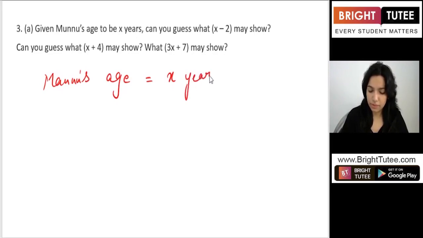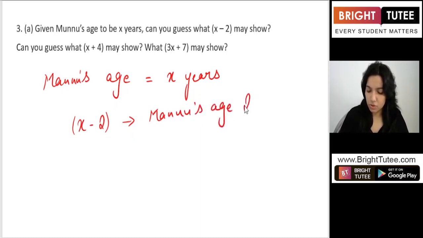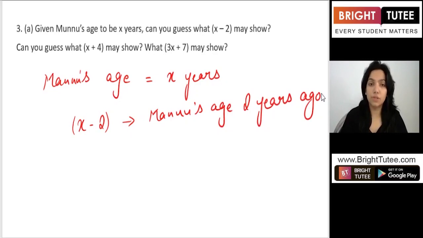So what do you think X minus 2 represents? X minus 2 represents Manu's age 2 years ago.